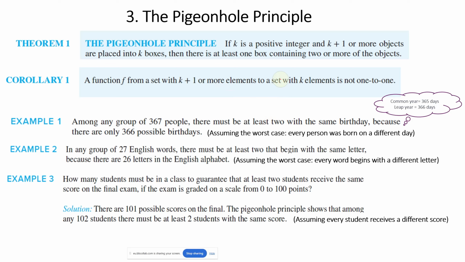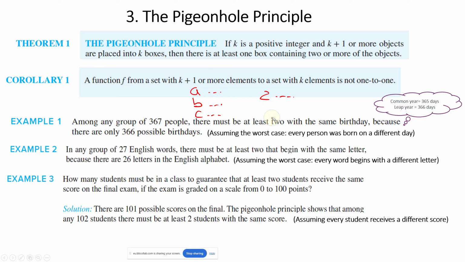But in the worst case, each one has a word that starts with A, another that starts with B, and I get all 26 of them until the word that starts with Z. To make the 27th, I have to pick one that was picked before. So that's the idea behind this.